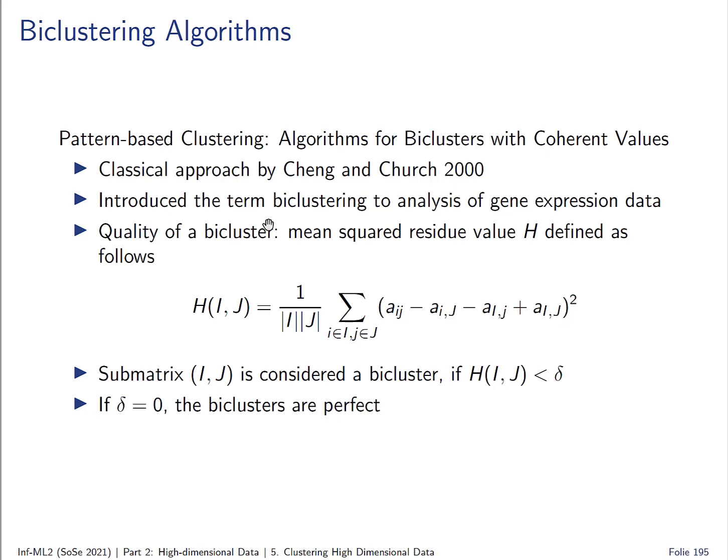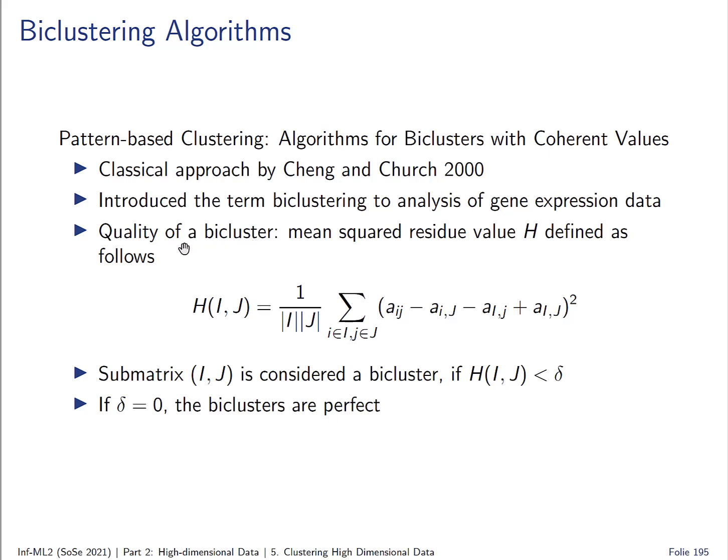They introduced the term biclustering for the analysis of gene expression data, again in the bioinformatics community. They also realized that we have to introduce a kind of variance, bias, jitter into this basic model, where we cannot expect a perfect mean and a perfect adjustment in rows and columns.